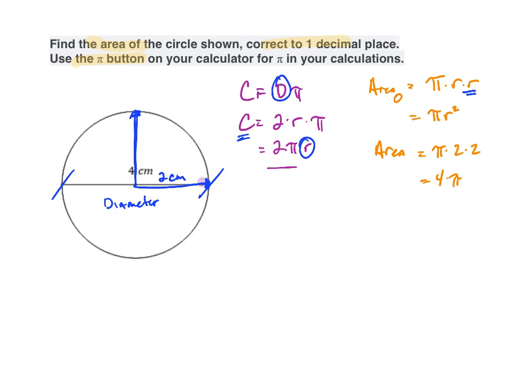And as it points out, it wants us to make sure that we use pi in our calculation. So you're going to use that symbol pi. And again, we've talked in the circumference video about what to do if you put this into a TI-30 and it gives you the answer 4 pi. Then you need to go to the mode section and hit the mode button.